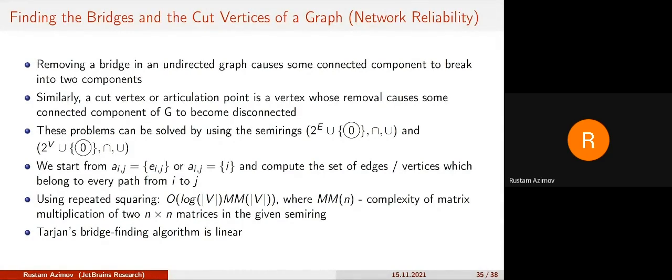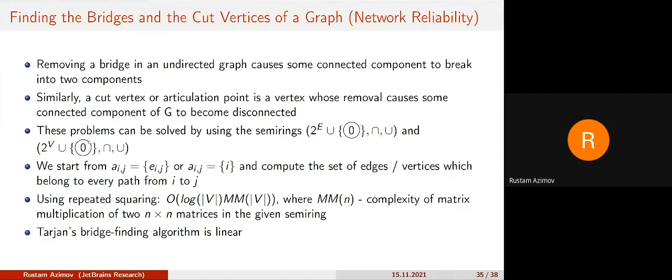For example, if we want to find all bridges and cut vertices: removing bridges, which are just edges, will increase the number of connected components, and by removal of cut vertices we will have a disconnection in some connected component.